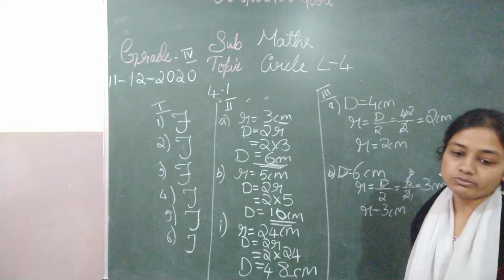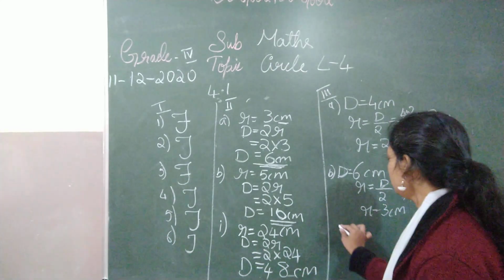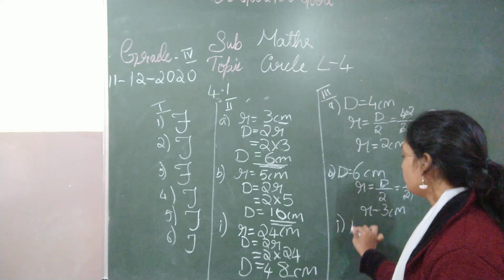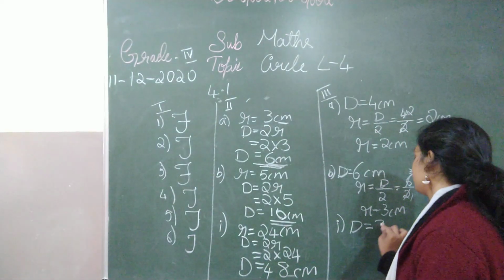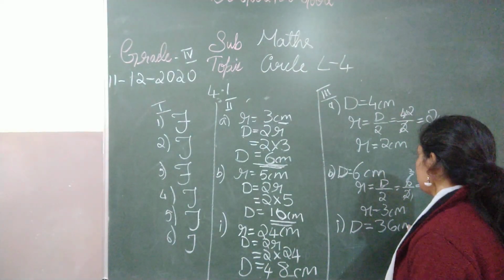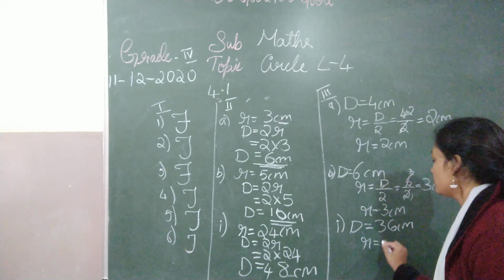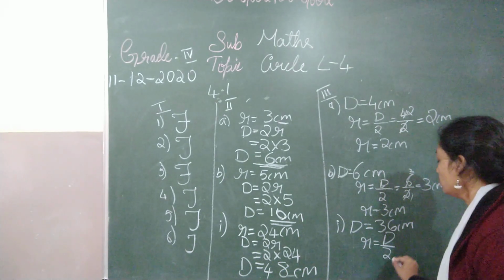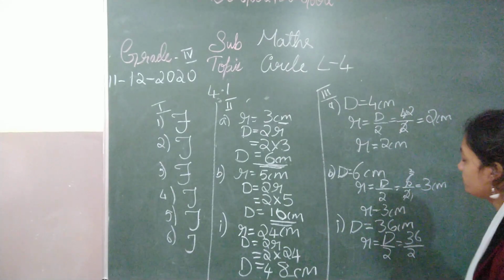So let's try one more sum with a bigger number. So I'm going to take the I sum here. Question I, where D is equal to 36. Follow the formula first. R is equal to D by 2, which is equal to 36 by 2.